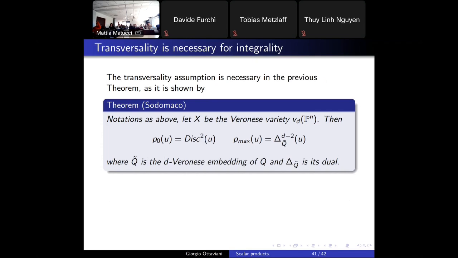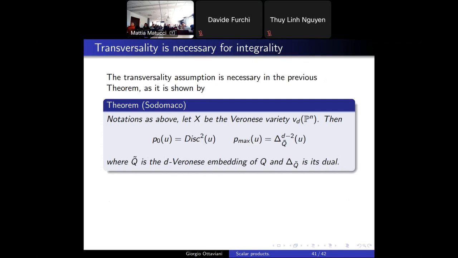The first is the discriminant square, which is not a surprise. And the second one is more complicated. It is the dual of the d-th Veronese embedding of the quadric, at some power.